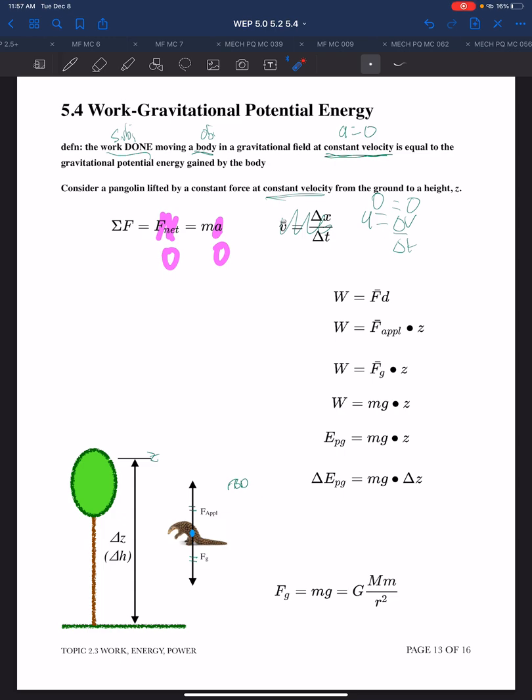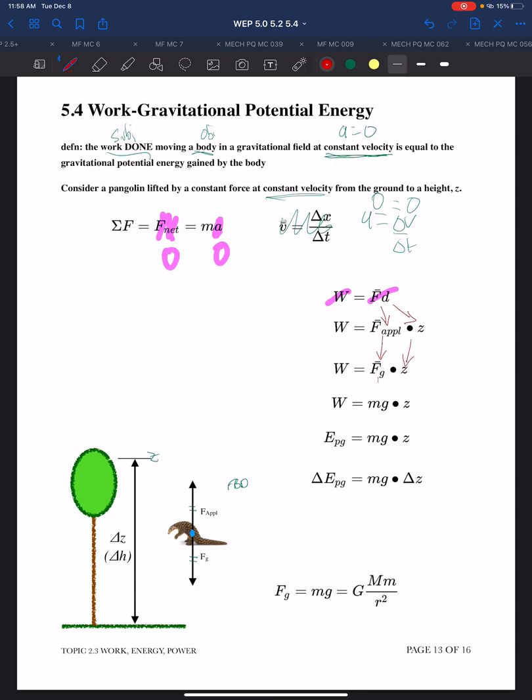Okay, so the force that's doing the work here is the applied force. Well, we see our beginning force, the work, is the average force times the distance. Now the average force is the applied force, and the distance is the height z reached at the top. Now the applied force we know is also equal in magnitude to the force of gravity, or the weight.